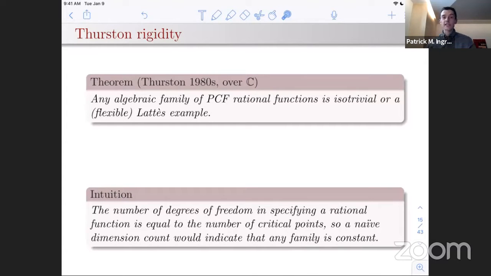To give you a little bit of a sense, though, of how big the space of these things is, I want to mention a result of Thurston from complex dynamics, that there are no non-trivial algebraic families of these PCF rational functions. The exception are the flexible Lattès examples, which I'll define on the next slide. But other than these sort of well-known exceptional families, these PCF examples don't come in algebraic families. They're not deformable. They're just a whole bunch of isolated examples.